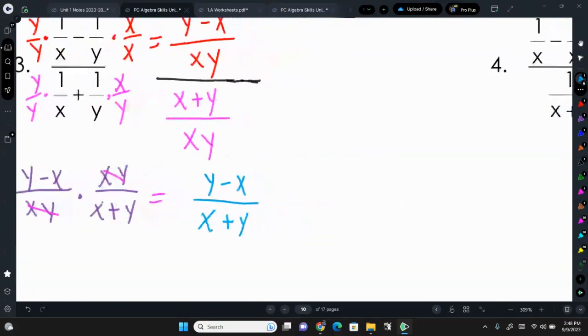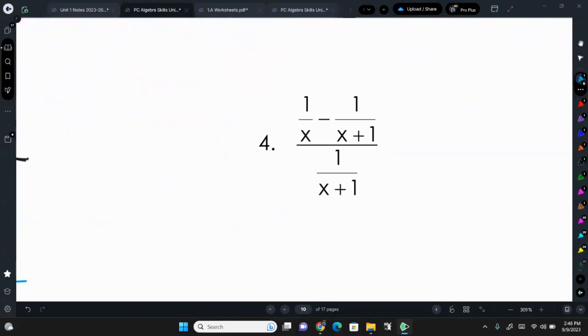All right, now the last one here, we don't have to do anything with the bottom fraction, but the top of this fraction we have to get our like terms. So x plus 1 over x plus 1 times x over x.